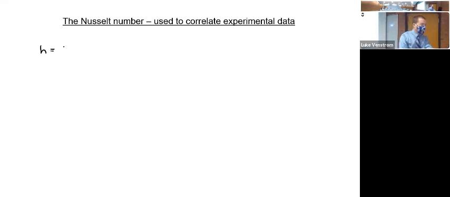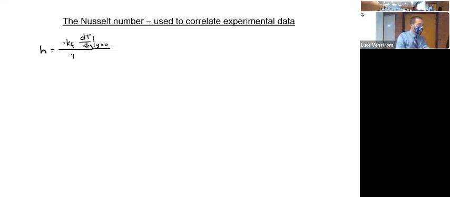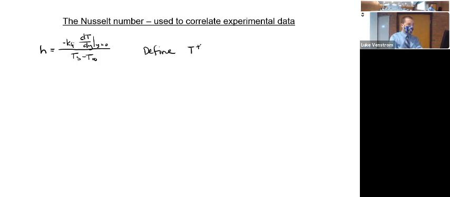The Nusselt number is actually a non-dimensionalization of this equation that we started the whole discussion of convection heat transfer with, h equals minus k_f dT/dy at y equals 0, over Ts minus T infinity. This is a dimensional equation, so we're going to non-dimensionalize it by defining two new non-dimensional variables. We define a non-dimensional temperature, T star, as T minus the surface temperature, over the free stream temperature minus the surface temperature.